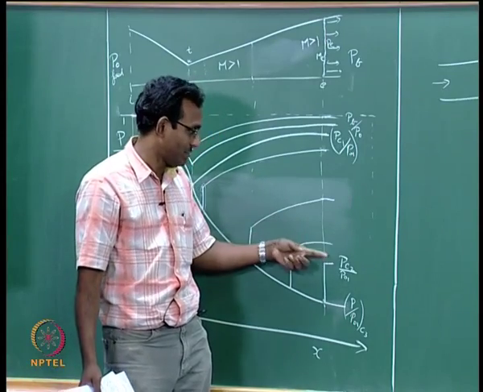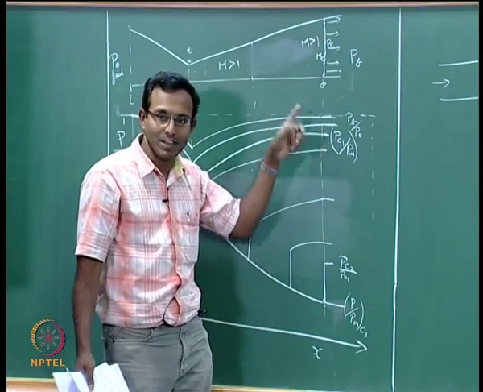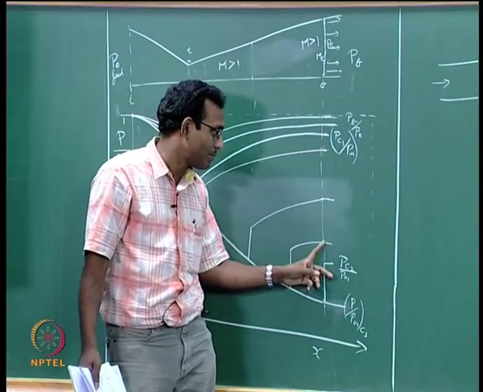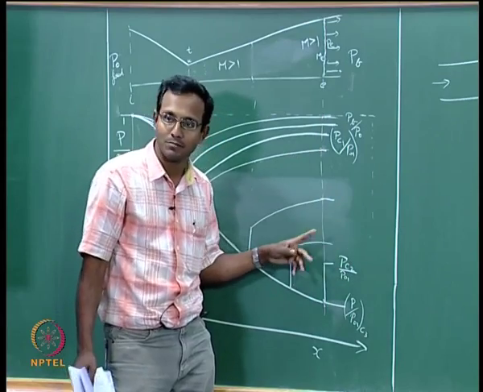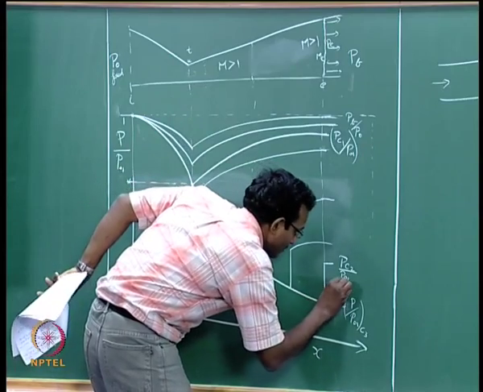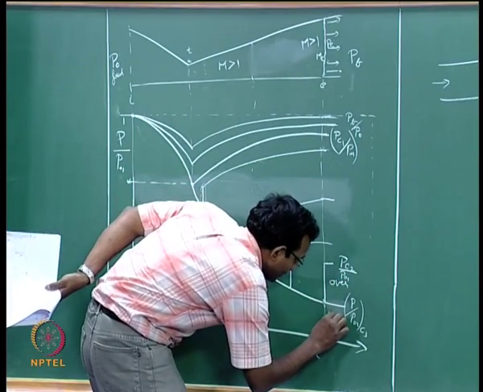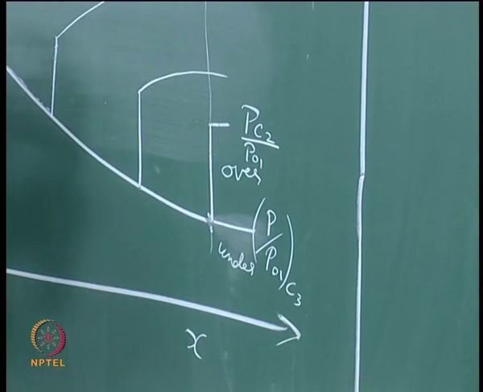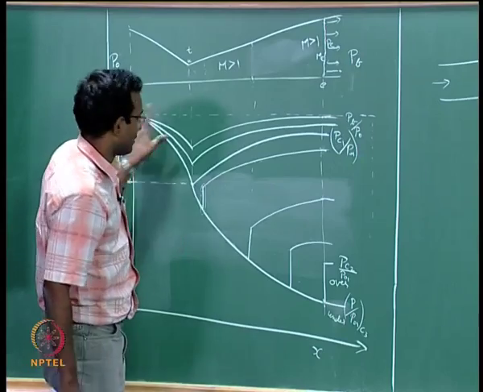Even above P critical 2, everywhere I am matching the back pressure exactly. P at the exit matches the back pressure, PB. But this region is our over expanded and this is your under expanded. This is what you will have. So this is just explanation.